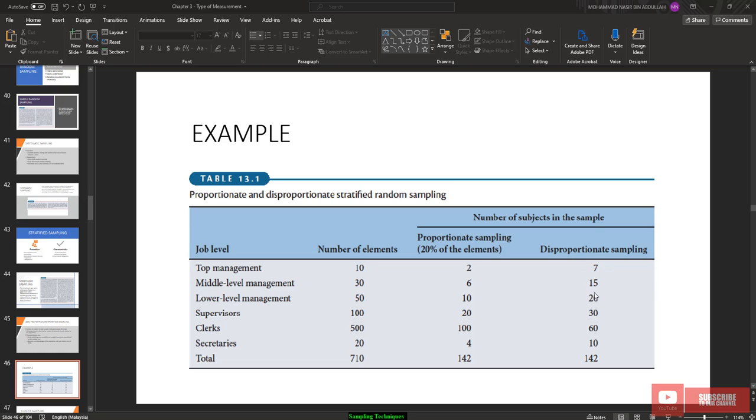This is half of 30. This is 20 out of 50 instead of taking 10, which would be 20% of the total population. But here we take more than 20%. By the end, we get the same sample size. So this is the difference between proportionate and disproportionate stratified sampling techniques.